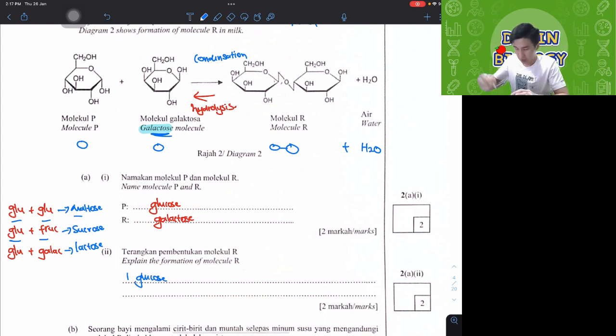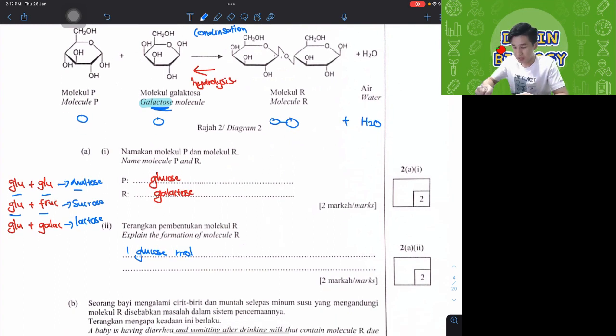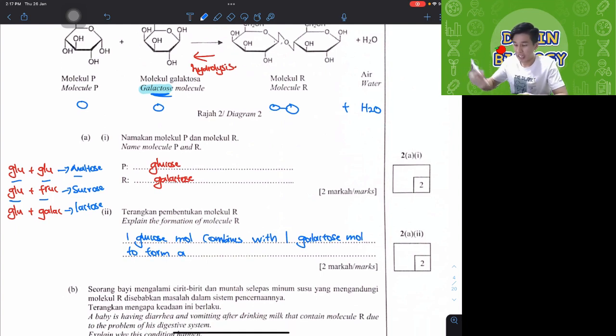1 glucose molecule combines with 1 galactose molecule to form a lactose molecule while releasing water.